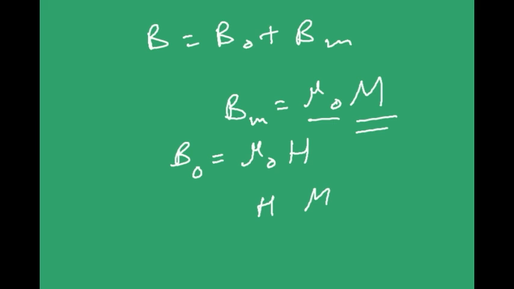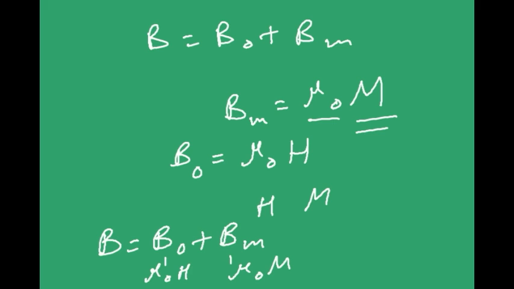The basic idea is the net magnetic field is contributed by external factors, maybe the current through the solenoid or something like that, that is B naught, and some of it is contributed by the specific nature of the magnetic material, that is Bm. This part is given by mu naught times H, and this part is given by mu naught times magnetization.